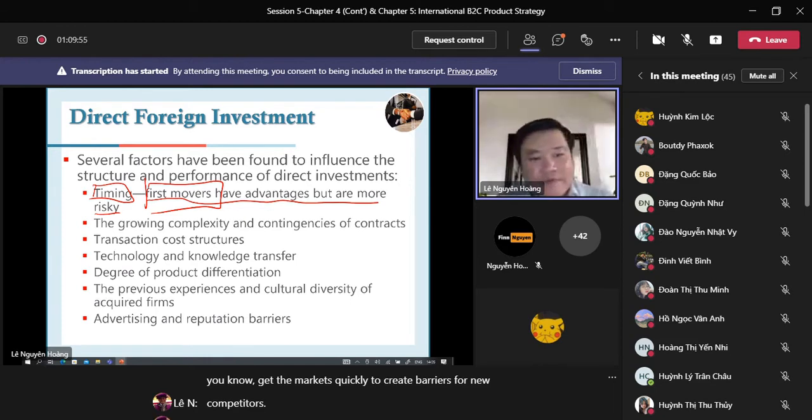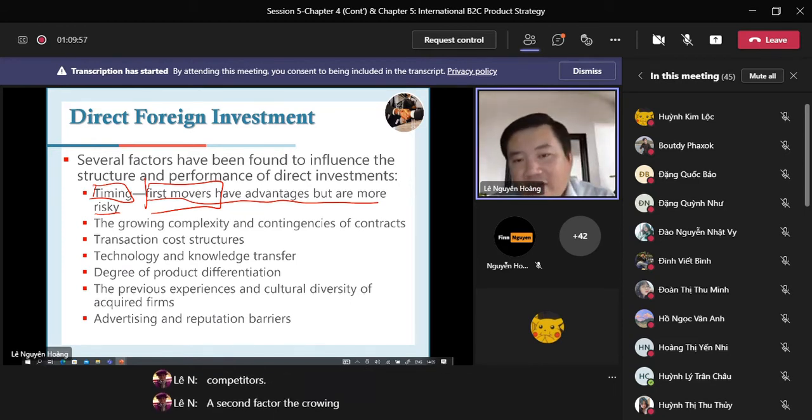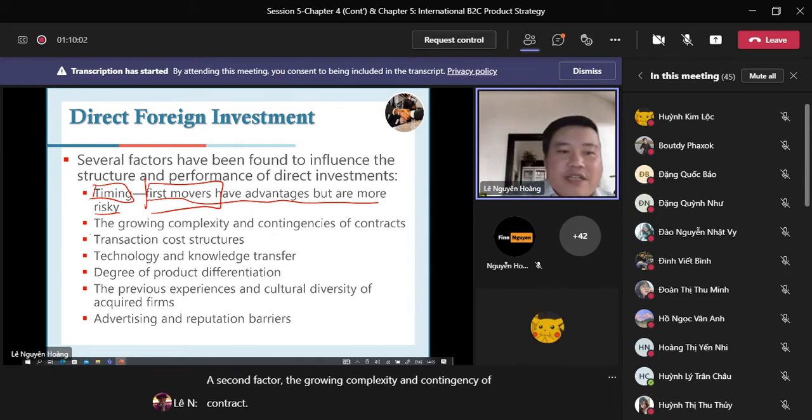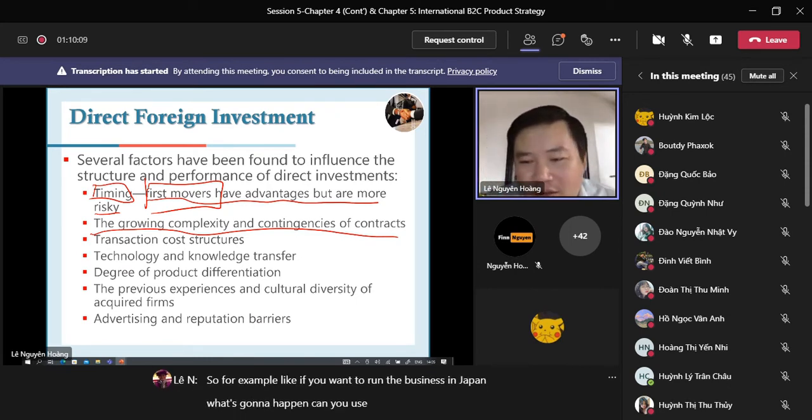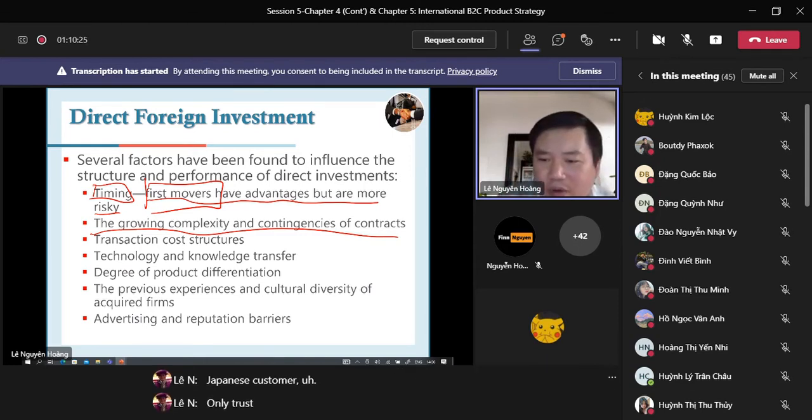Second factor, the growing complexity and contingency of contracts. So, for example, if you want to run a business in Japan, what's going to happen? Can you use your local distribution agency in Japan? No, no way. Why? Because the Japanese customers only trust the local people, the local distribution agency.